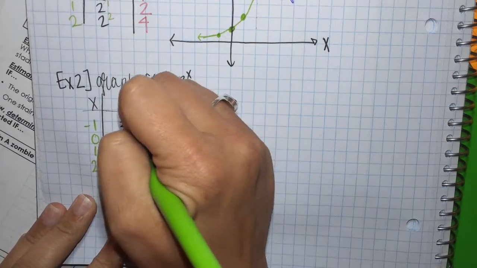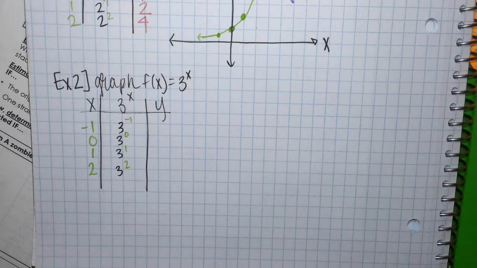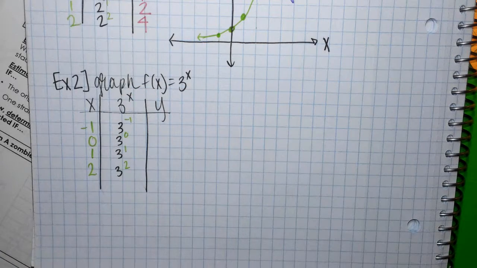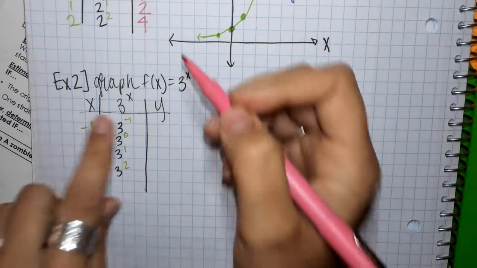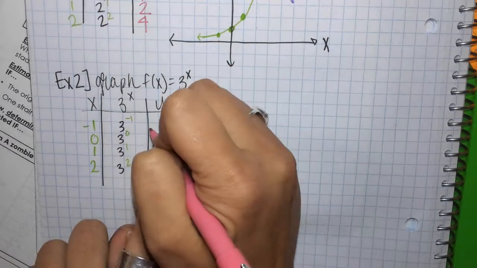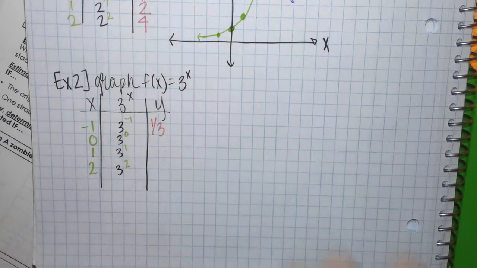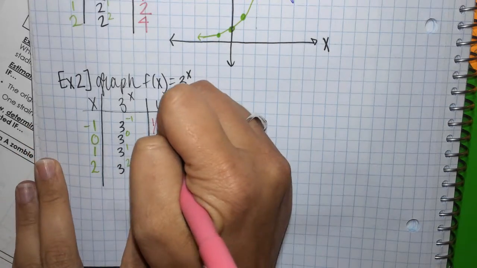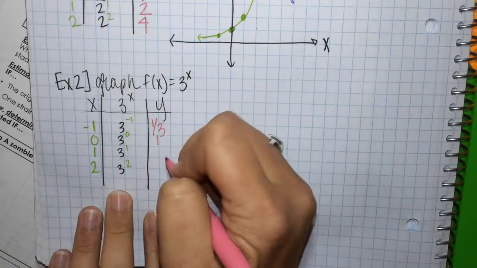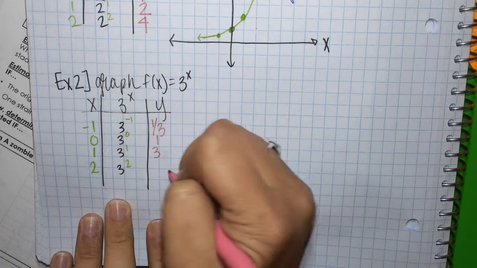And then -1, 0, 1, and 2. All right, now, 3 to the -1. It's a negative exponent, so what do you do? You flip it. It has an invisible 1, so this becomes positive 1/3. Okay? 3 to the 0 power is 1. 3 to the first power is 3. 3 squared is.